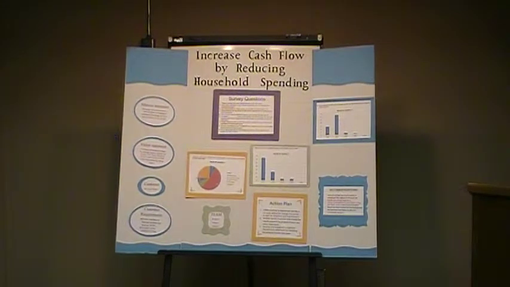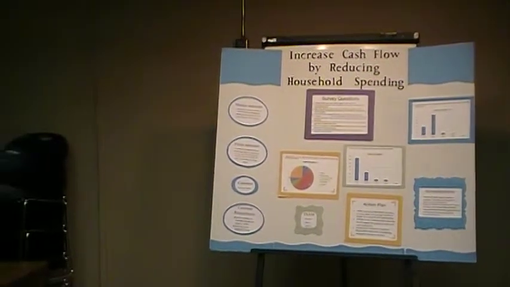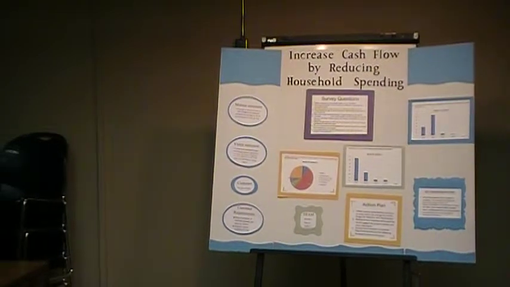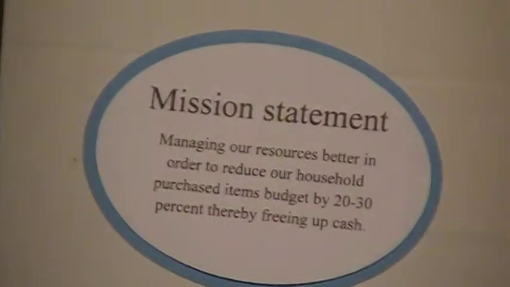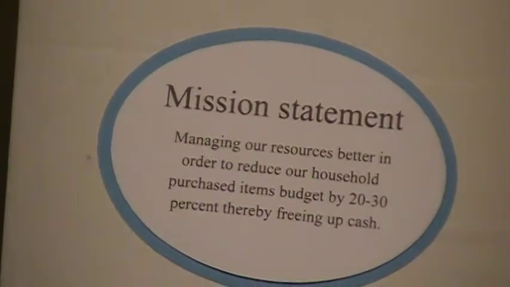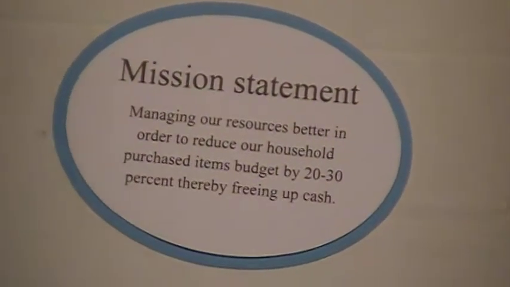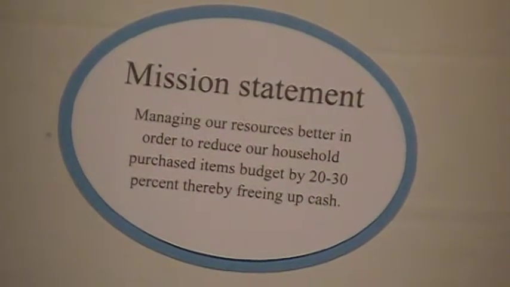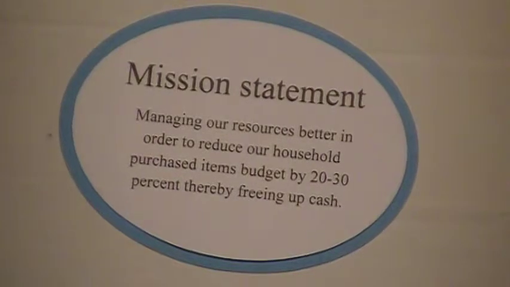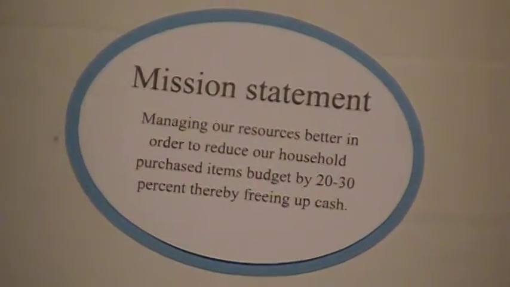So you start with a mission statement, and that's usually an expression of what already exists, and it states the purpose of your organization. And so my mission statement is to manage our resources better in order to reduce our household purchased item budget by 20 to 30%, and thereby freeing up cash.